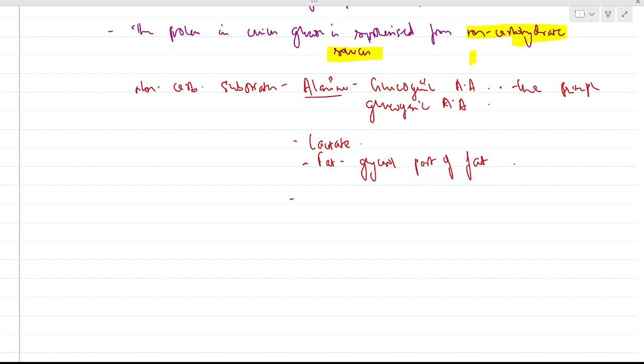Last but not the least important, remember, propionyl CoA. Propionyl coenzyme A, from odd chain fatty acid oxidation.